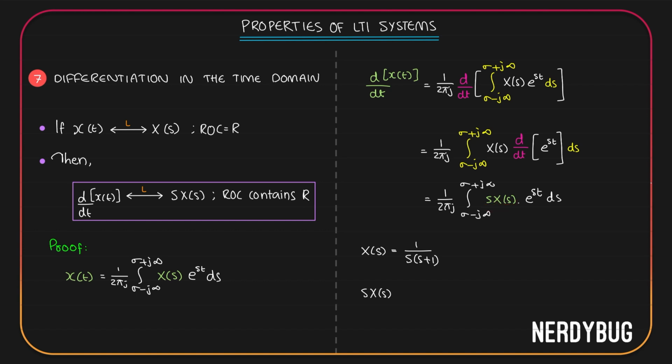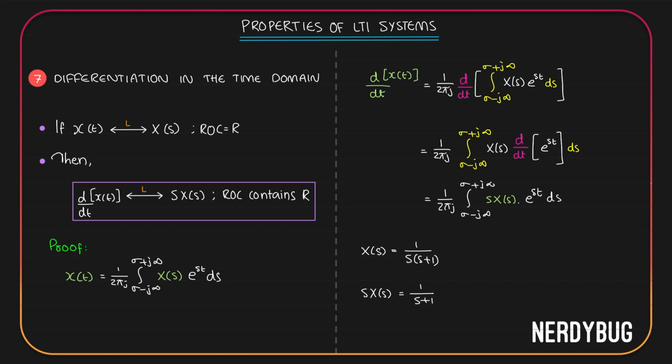So sx of s will be 1 by s plus 1. As you can see, the original had two poles, one at s equal to 0, the other at s equals minus 1. But now the one at s equal to 0 got cancelled and we only have one pole at s equal to minus 1.